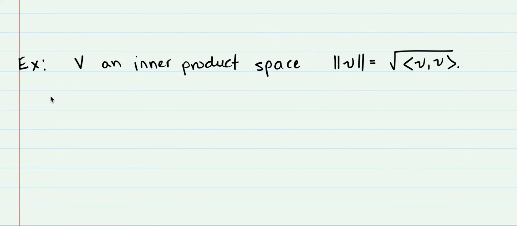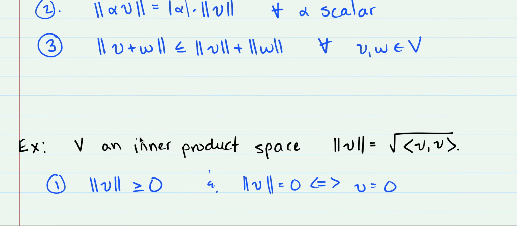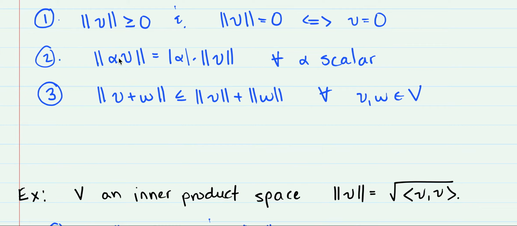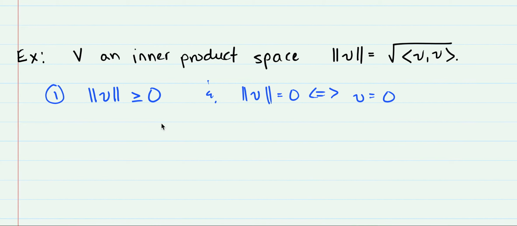So you can check that for every v, this is greater than or equal to 0, and is actually equal to 0 if and only if the vector itself is equal to 0. And that just comes from the actual definition of the inner product, and you can check the other two as well. So you can check that when you put a scalar in there, the scalar comes out by absolute value of it, and then also check the triangle inequality. And this is going to be a normed linear space. So an inner product space is also a normed linear space.